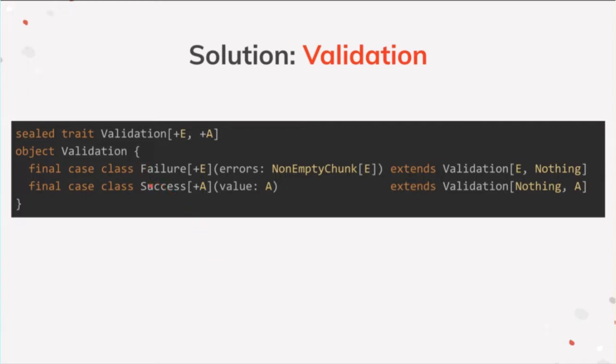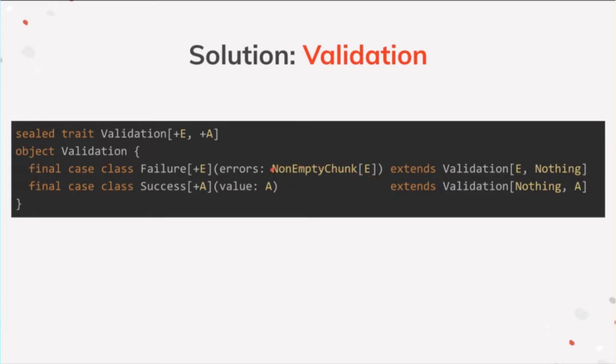Also, we can use Validation.succeed, and in this case we receive a value of type A and immediately succeed with that value. That's why this constructor returns a Validation of Nothing, meaning this is a validation value that can fail, and returns a success value of type A.